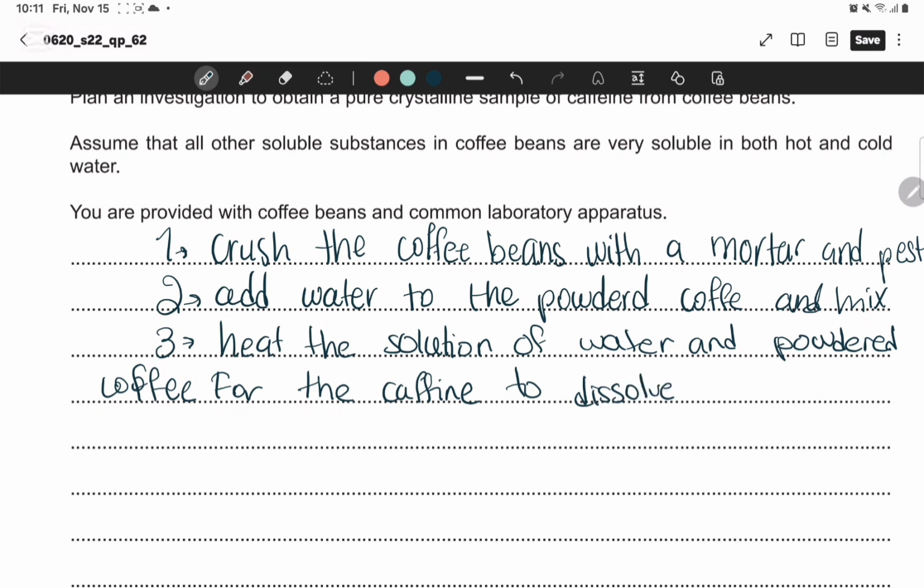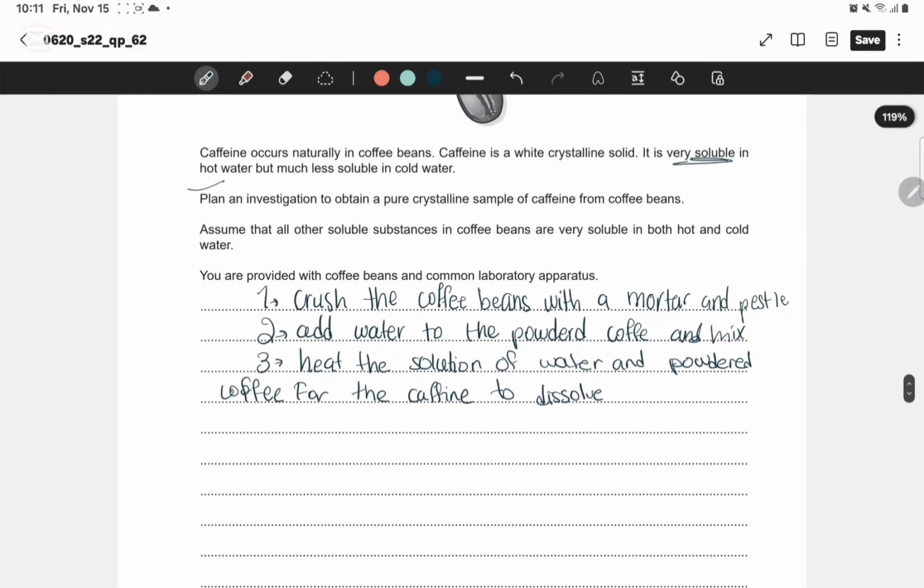Because remember, again, the caffeine is soluble in hot water, so we're gonna make it dissolve in the water and then filter it using filtration, and then we're gonna crystallize the filtrate that's left on the bottom.